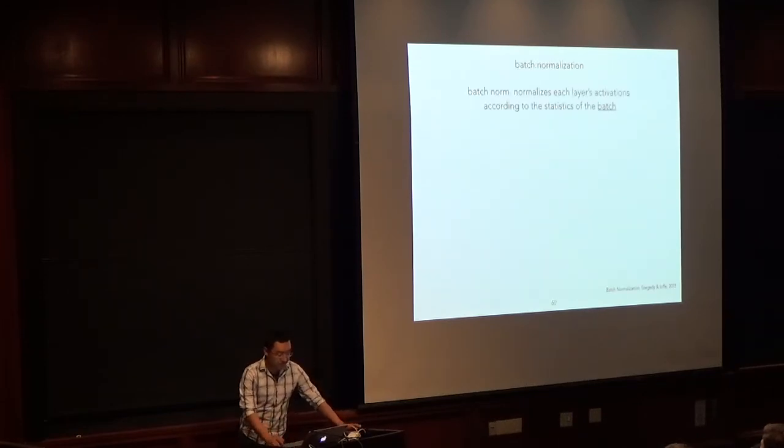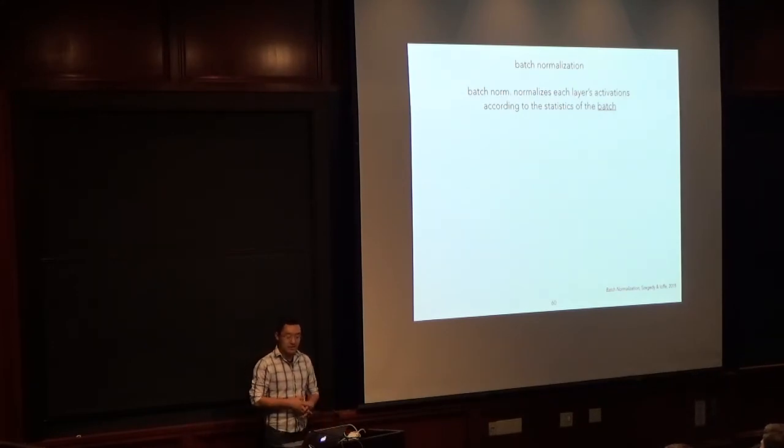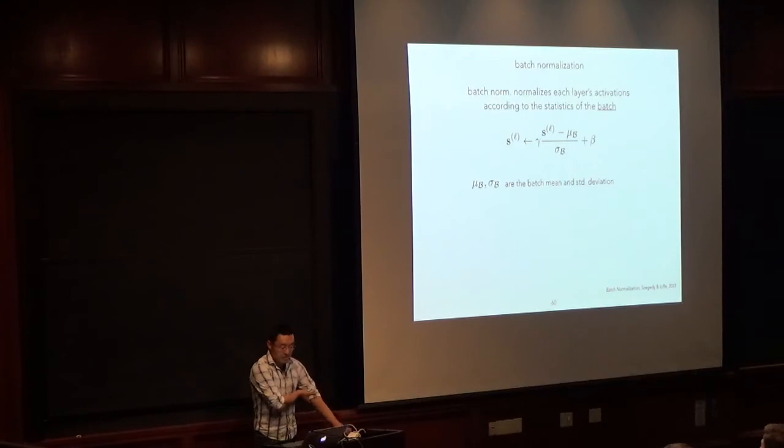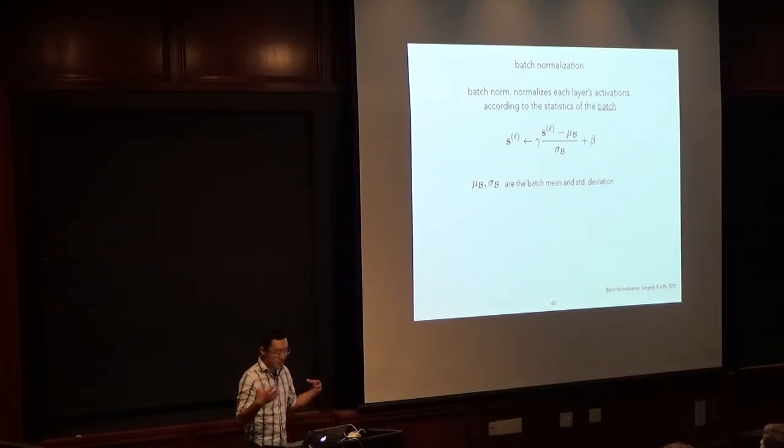Batch normalization normalizes each layer's entire activation according to the statistics of the batch. So what does that mean? That means if you have the entire batch's mean activation and the entire batch's standard deviation of the activations, then you normalize across the entire layer.